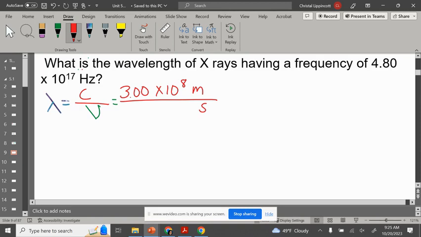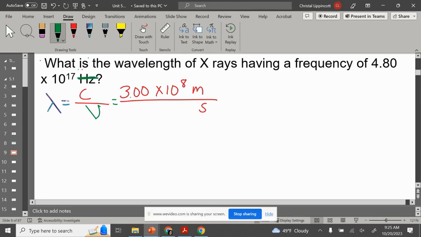And then I plugged in my speed of light, which is meters per second. Now, our frequency is given in hertz. But what do we know about hertz? Right.